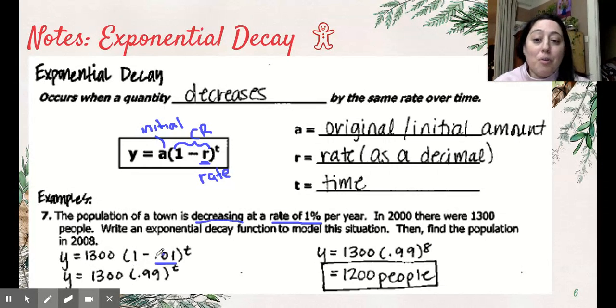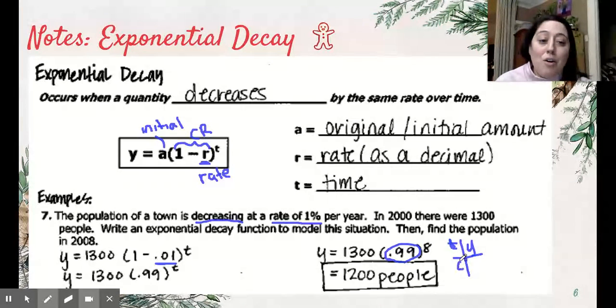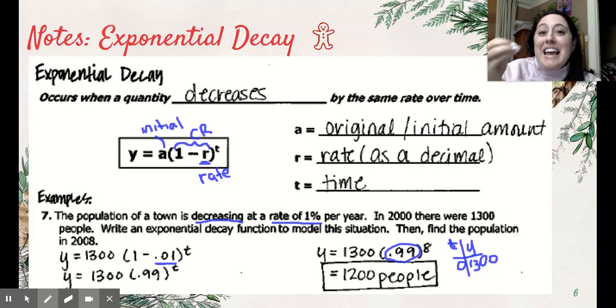Okay, so again, your rate is decreasing by 1%, but your common ratio, right? Like if you were to make a table of this and say, all right, so I start out, let me see, they use T instead of X, so I'm going to follow their lead, and Y. So if I start out with 1,300 people, okay, even though, and I think in the other video for today, even though you're decreasing by 1%, they talked about you're retaining 99% of your population, right?